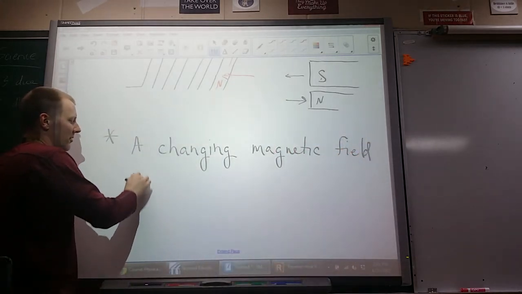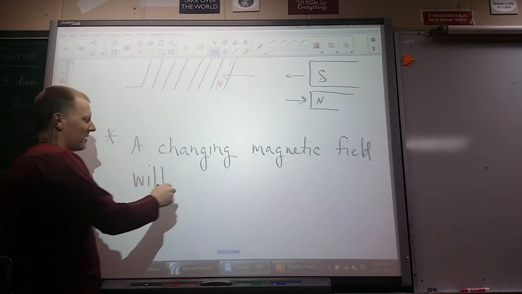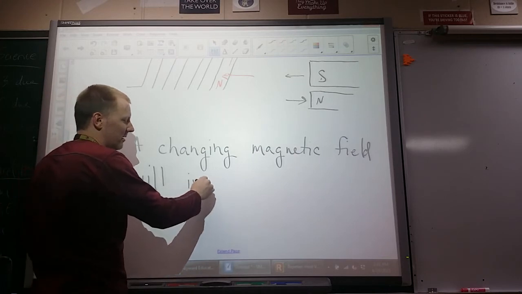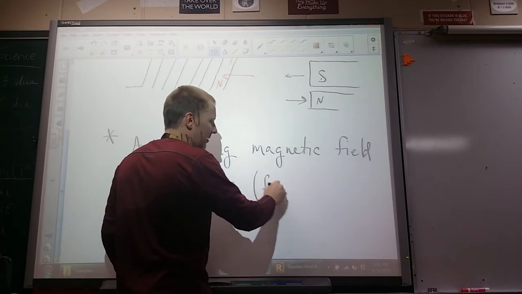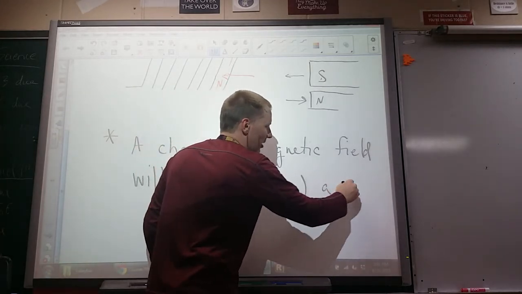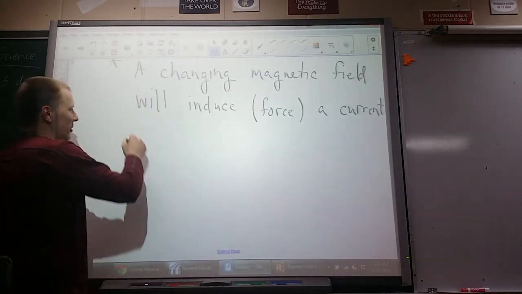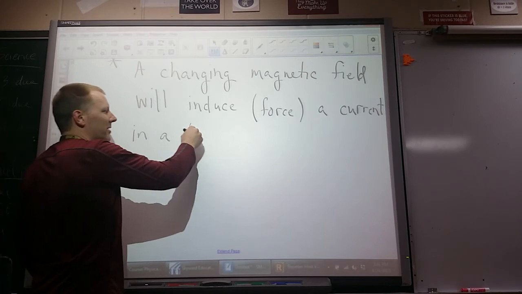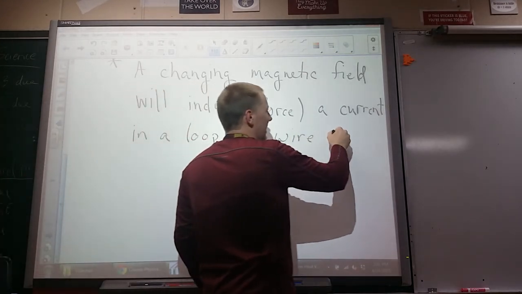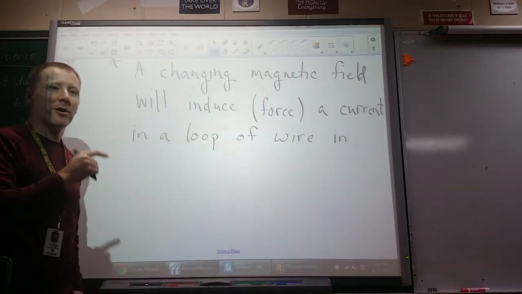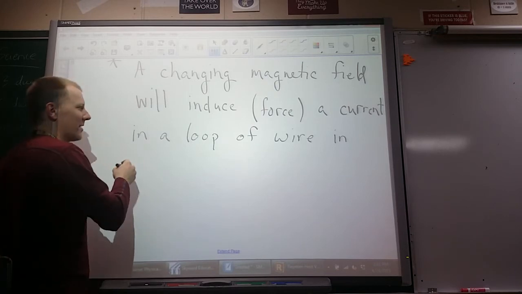Thank you. So the key for this is what we call Lenz's law after its discoverer: a changing magnetic field will induce, which means create or force, a current in a loop of wire, or in a solenoid, in a direction so that that loop's current will produce a magnetic field that fights it.